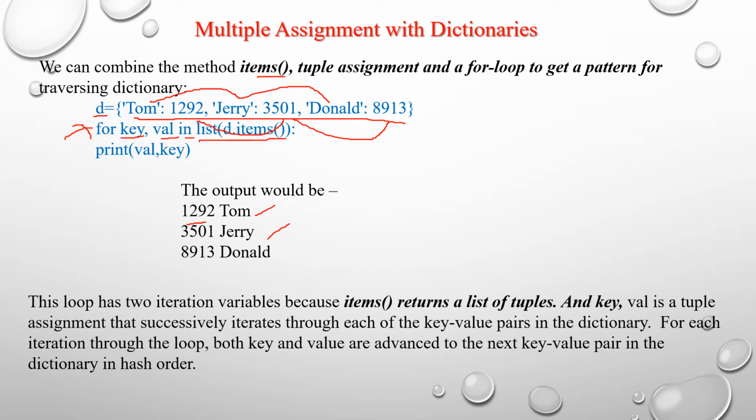So in this loop there are two iteration variables, because items returns a list of tuples, and the key, value tuple is assigned and successively iterates through each of the key value pairs in the dictionary. For each iteration through the loop, both key and value are advanced to the next key value pair in the dictionary in hash order.